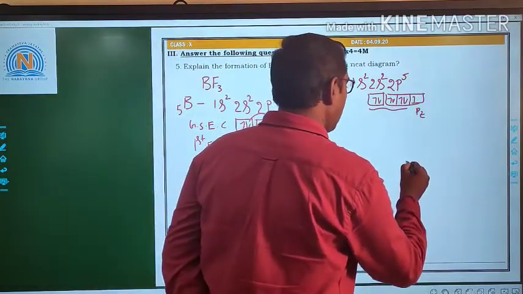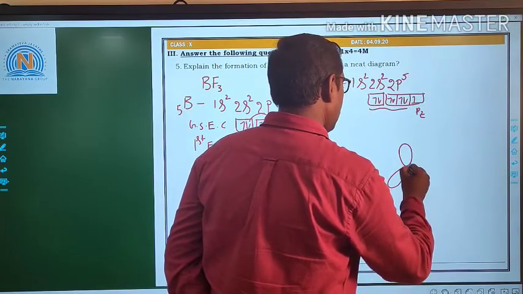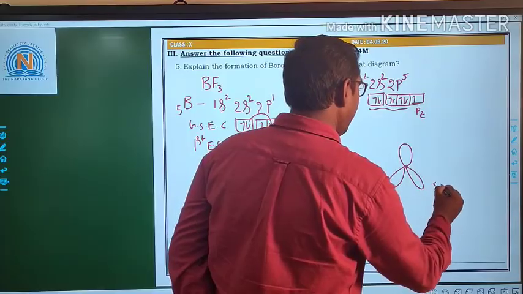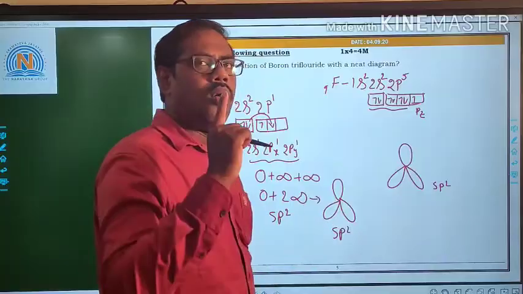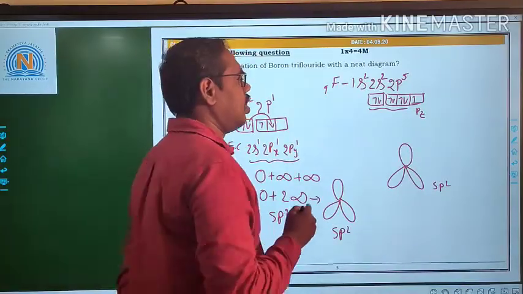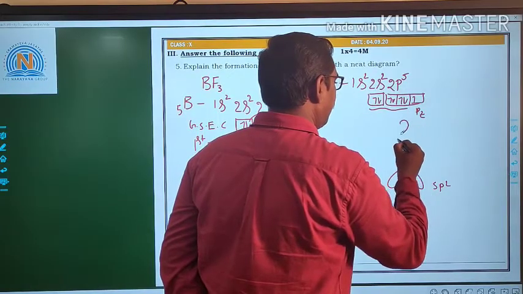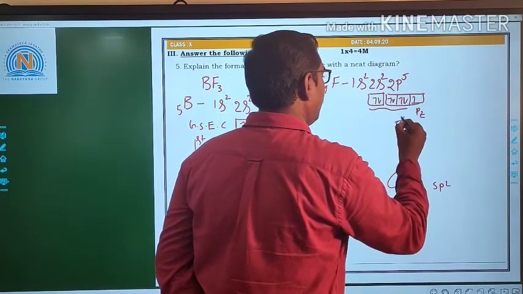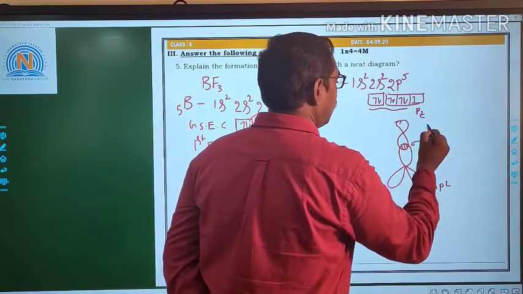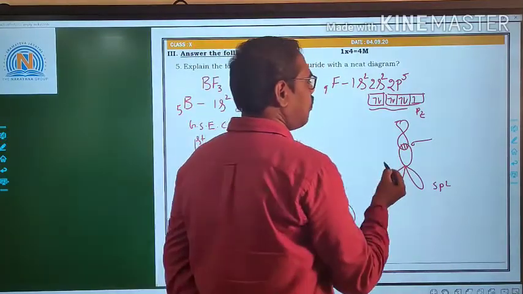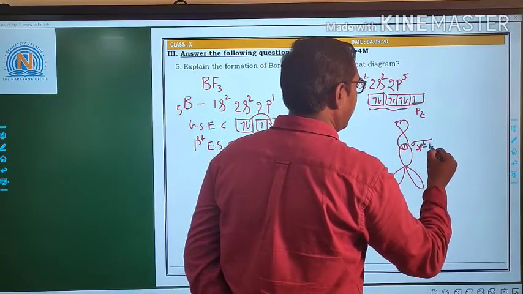So here we can draw the structure. This is the sp2 hybrid orbitals. Next here the fluorine contains 1 unpaired electron in the pz orbital. So the pz orbital of the fluorine atom overlaps with the sp2 hybrid orbitals by end-on overlapping. So the resultant bond is called a sigma bond, sigma sp2-p.